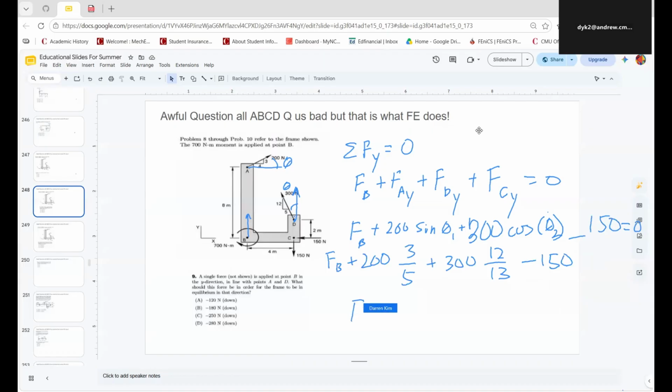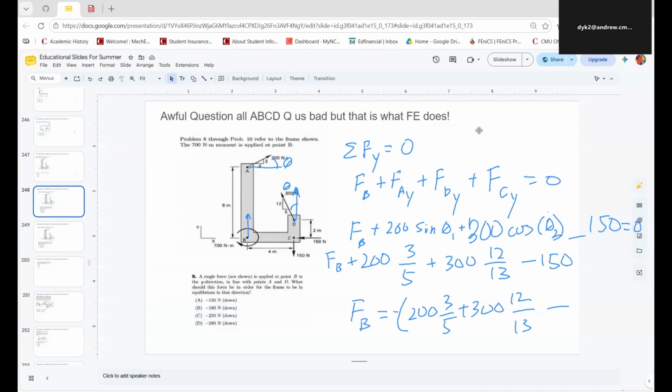F_B, therefore, equals this whole thing. We're just going to put it in the calculator because I don't want to write the whole thing out. Minus 150 summation.